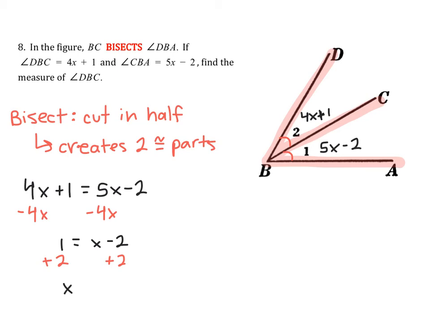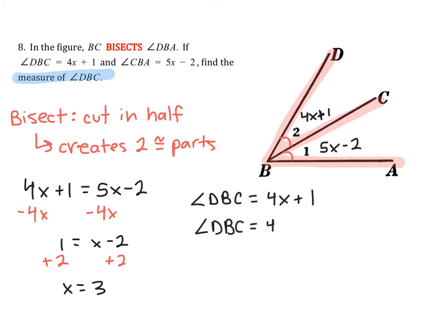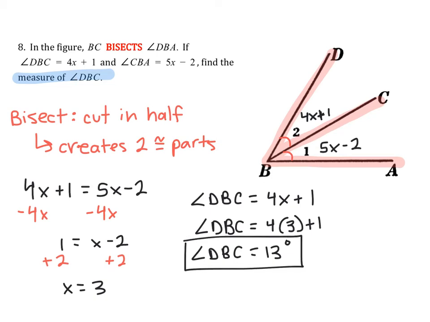We get x equals 3. However, once again, we're not asked to find x. We want the measure of angle DBC. So DBC is 4x plus 1. So we're going to substitute our x value, which is 3. And we get 12 plus 1, which is 13 degrees because it is an angle.